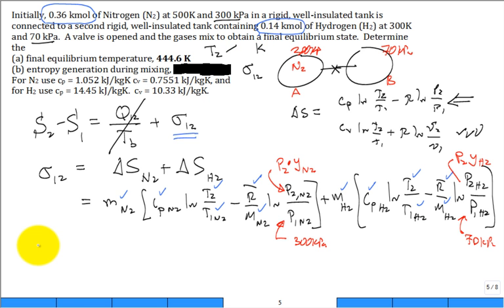What is the equation for Y of the nitrogen, the mole fraction of the nitrogen at the end of the mixing? 0.36 divided by 0.36 plus 0.14. Do you like that? Yes or no? Yeah, that'll work. And so guess what? We can calculate it with a little work. Now the really hard one.